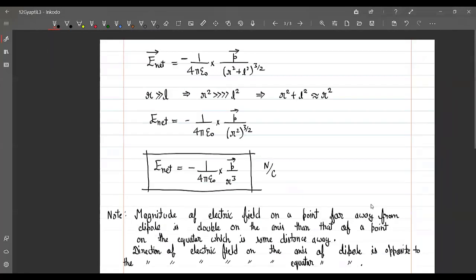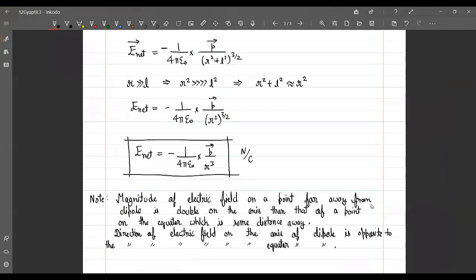So, are there any questions related to this? All right, we'll move on to the next topic. What is the equator? Equatorial axis. You can write here equatorial axis.